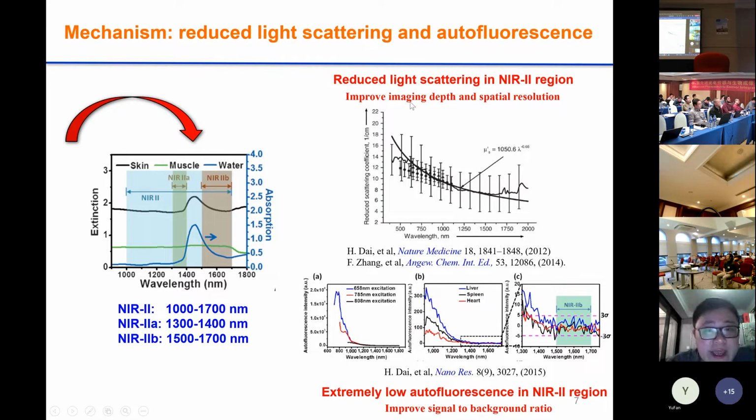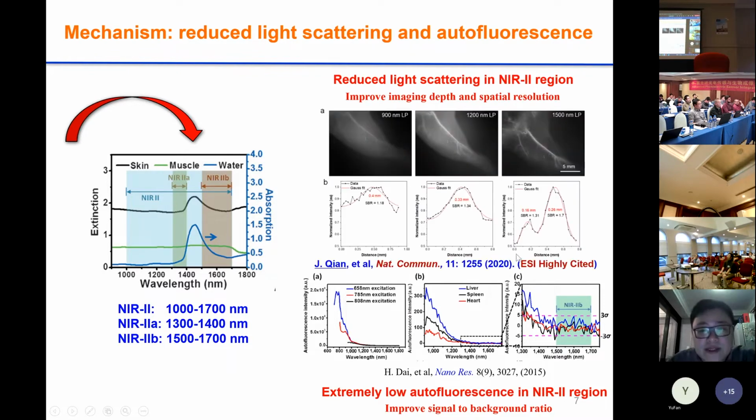In that case, it helps us improve the imaging depth and spatial resolution. Second, biological tissues have very low autofluorescence at longer wavelengths, for example in the NIR-II region, so it helps us improve the signal-to-background ratio.